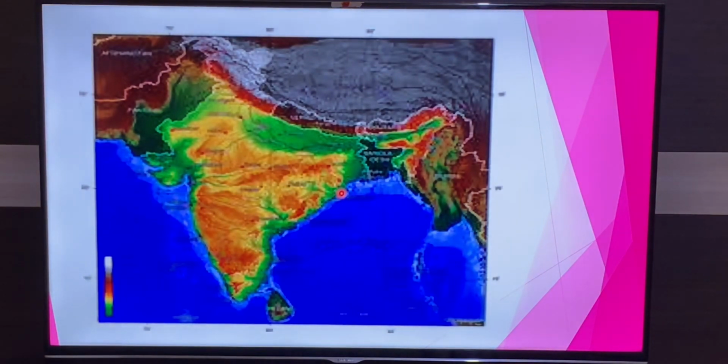You can see the blue color here. These are the coastal plains. This outline is called the coastal plain, and here are the islands: Andaman Nicobar Islands, and here we have Lakshadweep Islands. So these are the four physiographic divisions of India.